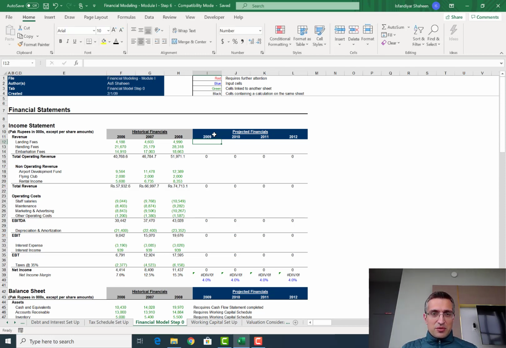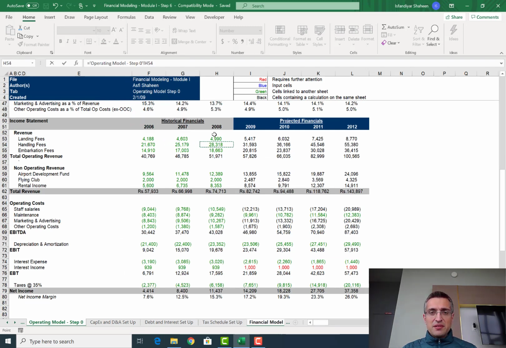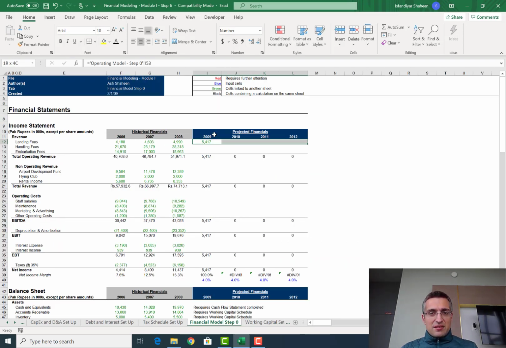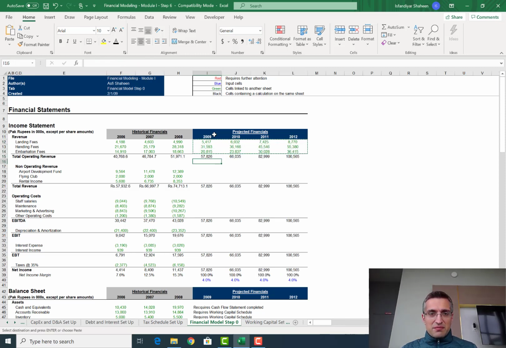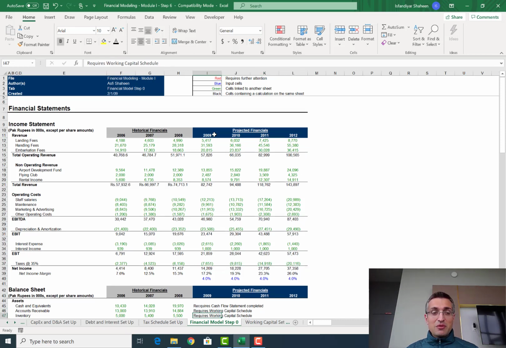So just to link it, I'm going to go on cell I12 and find the landing fees number in operating model step 0, and then just copy right, copy down, and copy those formulas. Because the rows are spaced exactly the same way in financial model step 0 versus operating model step 0, simply copying and pasting the formula from one cell to the next cell allows you to populate this financial statement, which is basically what we've done.